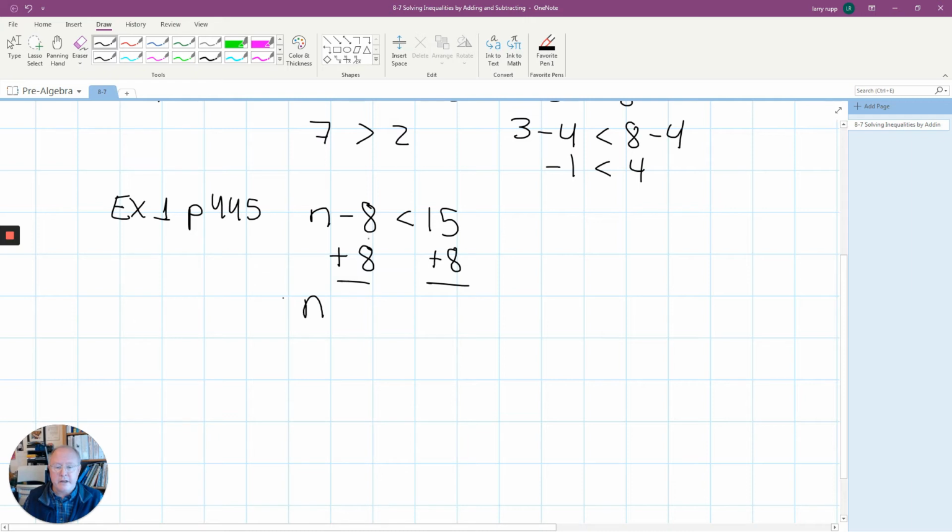N, negative 8 plus 8 is 0. Less than 15 plus 8 is 23. So n is less than 23. All right. So that means that all of the n's less than 23 will make this up here a true statement, okay?